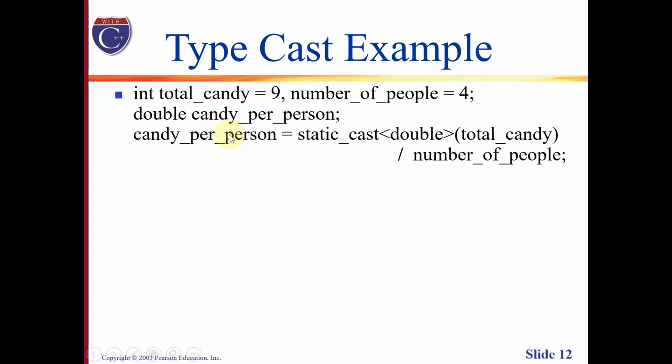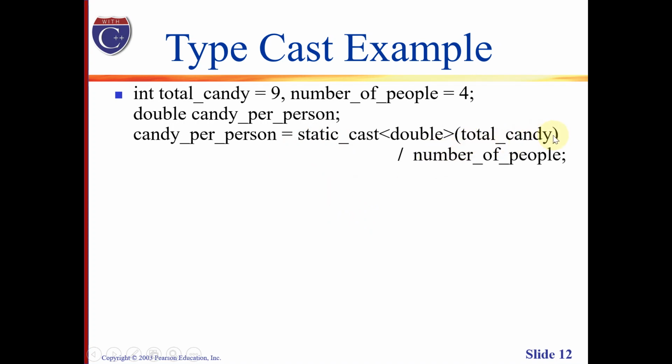Here's a more detailed example. In a previous example, we have the following declaration. And take note that they are all of type integer. And as you can see here, if we would like to produce the correct result, which are also of correct data type, we simply need to typecast the following variable.